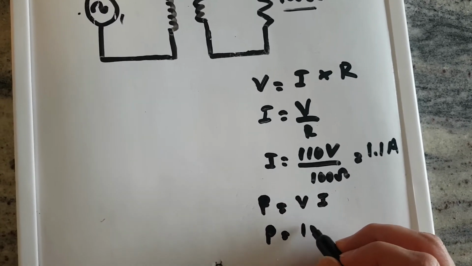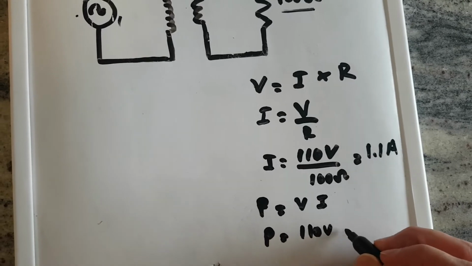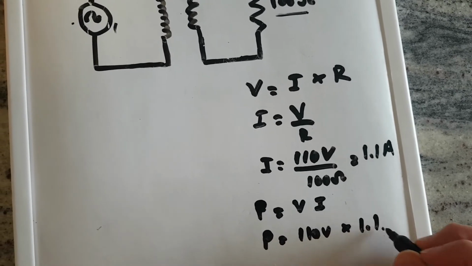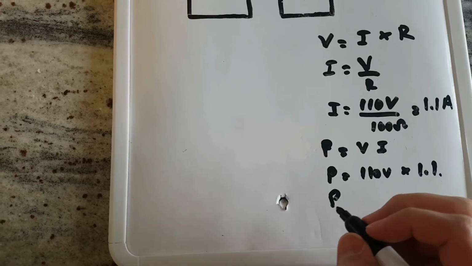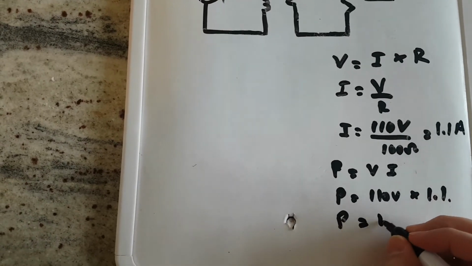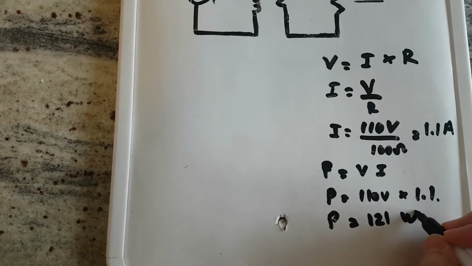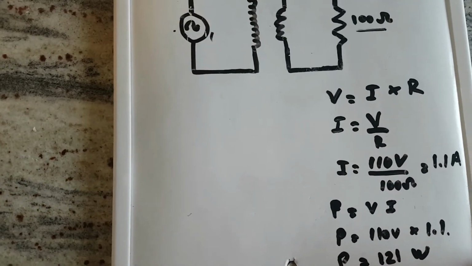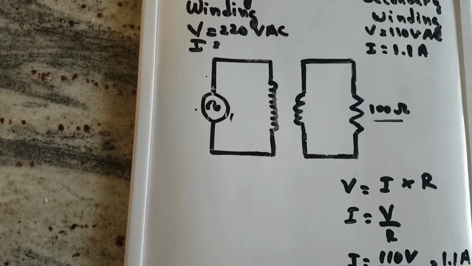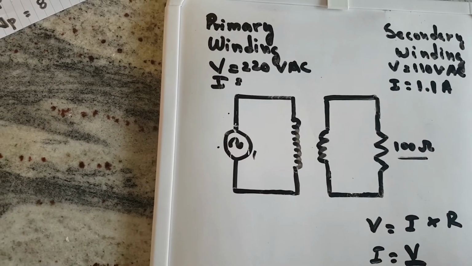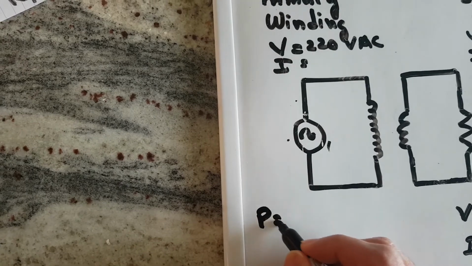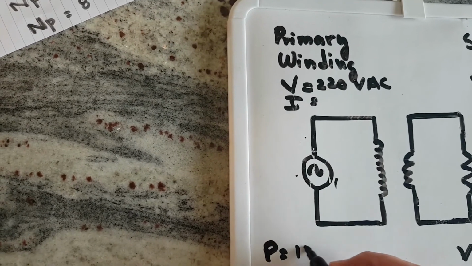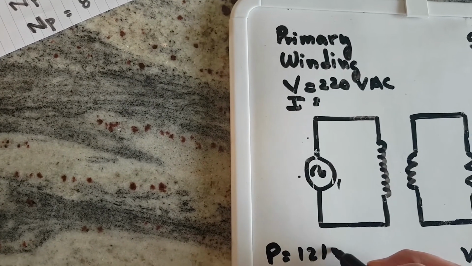So it will be 110 multiplied by 1.1, and the power will be 121 watts. Since we know that the power that goes in will be equal to the power that goes out, we can say that the power in the primary winding will be equal to 121 watts.